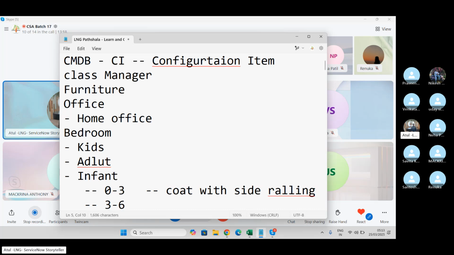They don't have a proper CMDB. So let's say you are working in a company and you get a laptop.